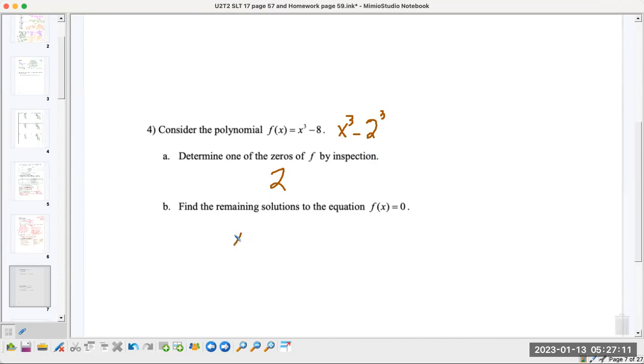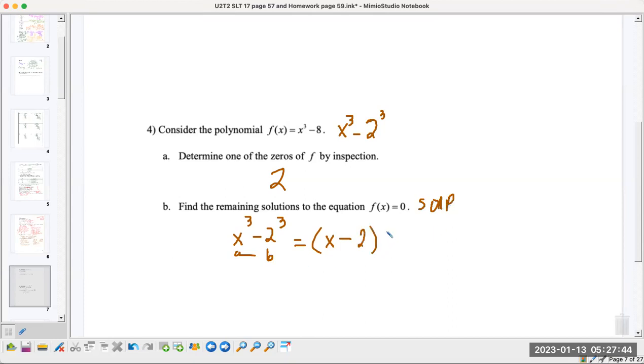So I can use this fact, the difference of perfect cubes, and I can put it into the form. Okay, so this is my a. And that's my b. So I'm going to have x, same sign, because we're going to use SOAP for my signs. Hopefully you remember that.